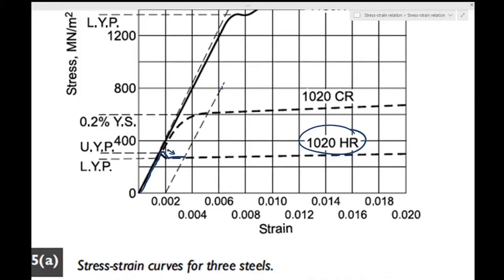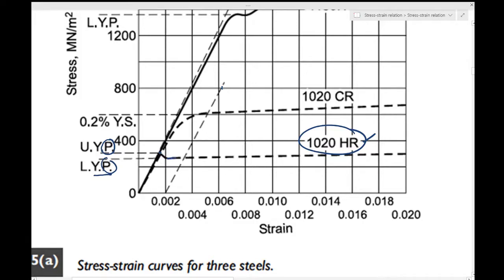For this kind of materials, a yield point is defined as a stress level less than the maximum attainable stress, at which the increase in strain occurs without an increase in stress. So the yield point, not the yield strength, is an upper yield point at this point and lower yield point for this one.